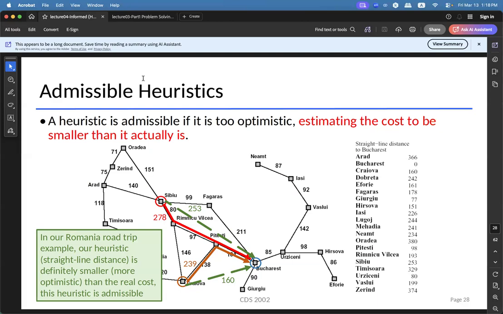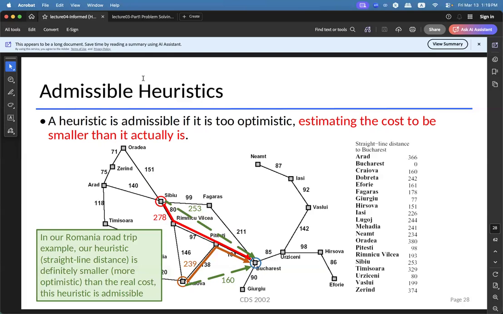A-star search is mathematically proven to be optimal, able to find the shortest path, only if the heuristic is admissible, meaning that you do not overestimate the cost. You always predict the cost lower than the real cost. Then that is called an admissible heuristic.